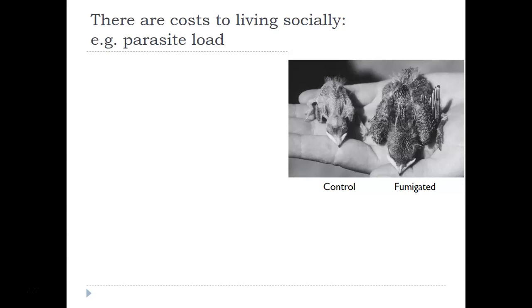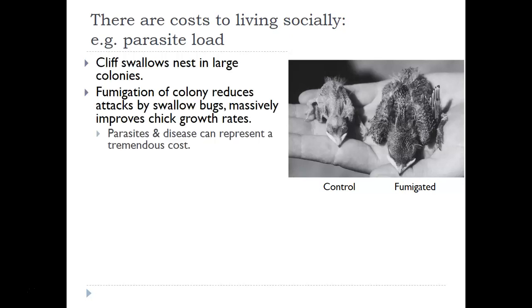And as a result of that, those animals that do live in social groups tend to encounter pretty substantial problems associated with parasites and other disease. This was a classic study that was done on cliff swallows, where the difference between these swallow chicks, they were actually hatched on exactly the same day. But this individual lived in a nest that was fumigated.